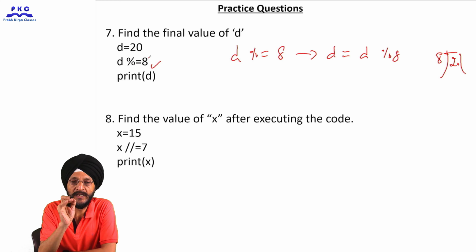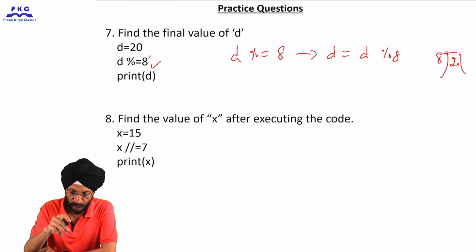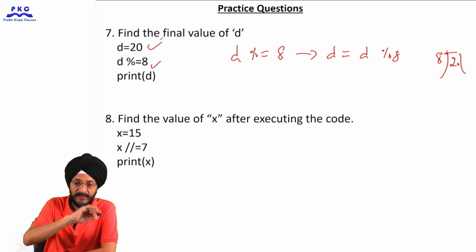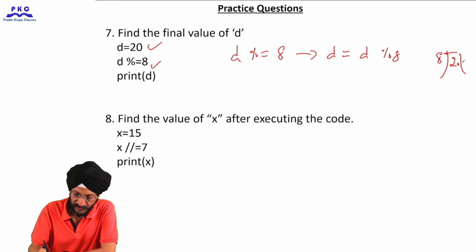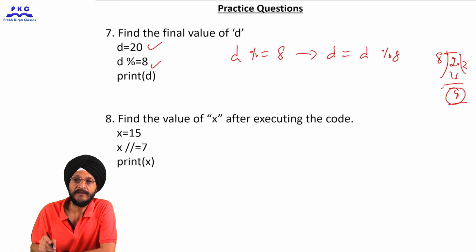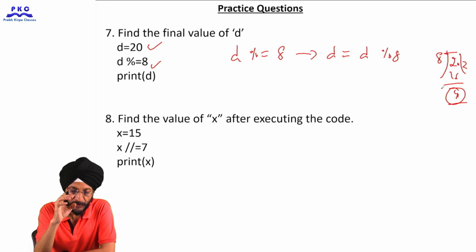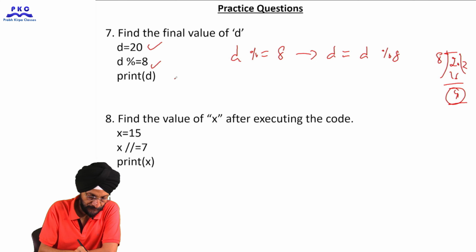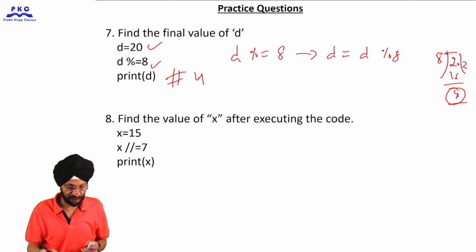Then what comes? Here 4 is the remainder. When we use the modulo operator, we take into consideration only the remainder. So the answer is 4.